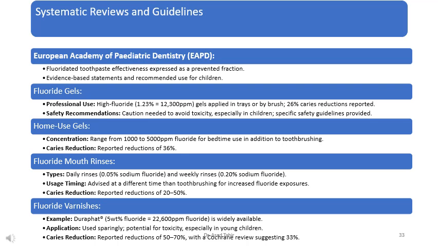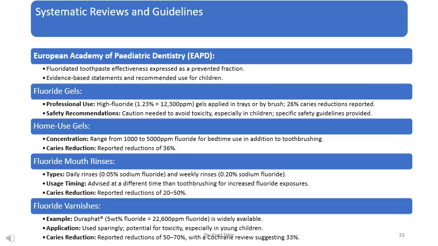Professional use: dentists apply high fluoride gels, 1.23%, using trays or brushes, reducing cavities by 26%. Safety: caution is crucial to prevent toxicity, especially in kids. Home use gels. Concentration: gels with 1,000 to 5,000 ppm fluoride are used at bedtime alongside brushing, reducing cavities by 36%.